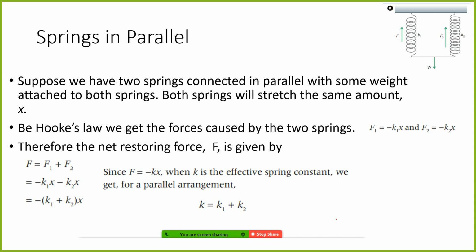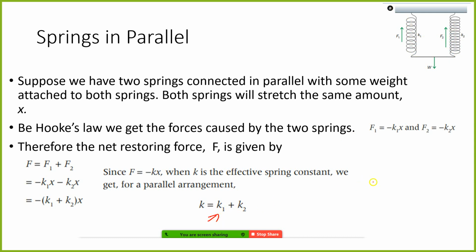Now, whenever you have two springs that are connected in parallel, and I think we know what something looks like when it's in parallel, we can safely say that the overall spring constant for these combined springs is given by this equation.